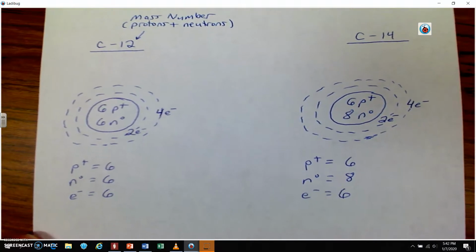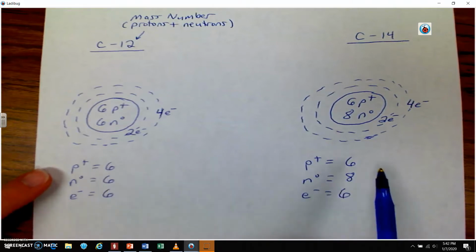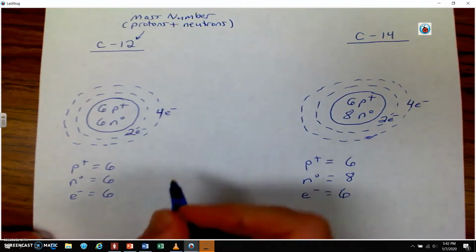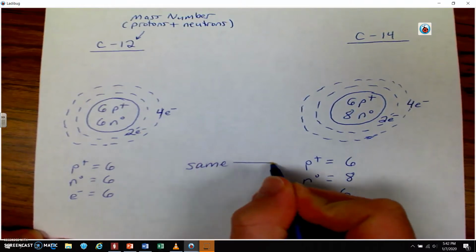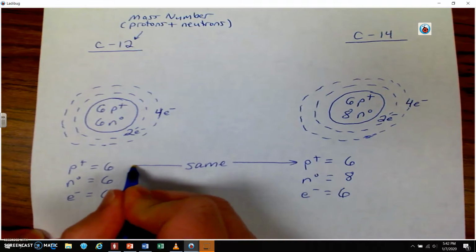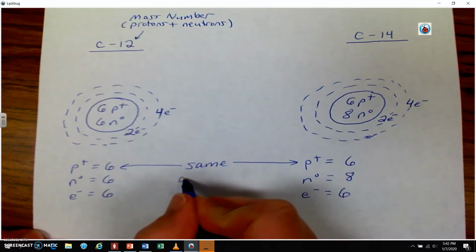And now this is where we can begin to compare our numbers. So the number of protons, 6 and 6, are the same. But if you look at the number of neutrons, 6 and 8, these are very different.